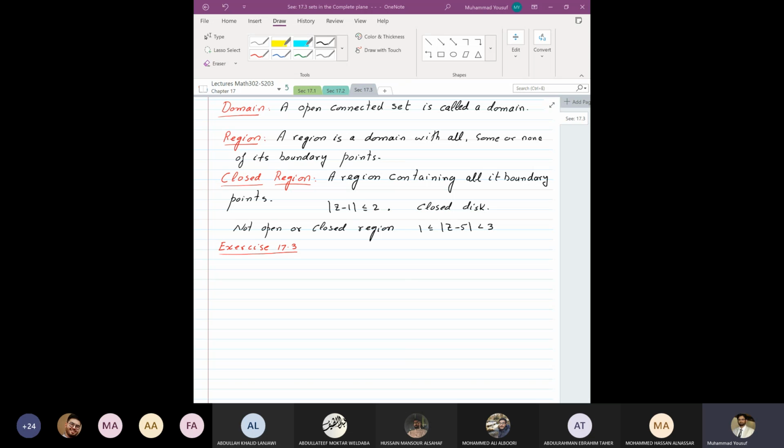Now, what are 5, 6, 7, 8? These are circles. But for question number 6, first you need to divide by 2. And that will give you a circle with the center at -1/2, because we have z minus z naught as the equation of a circle. To make it a minus, we say z naught is -1/2 and radius is 2.